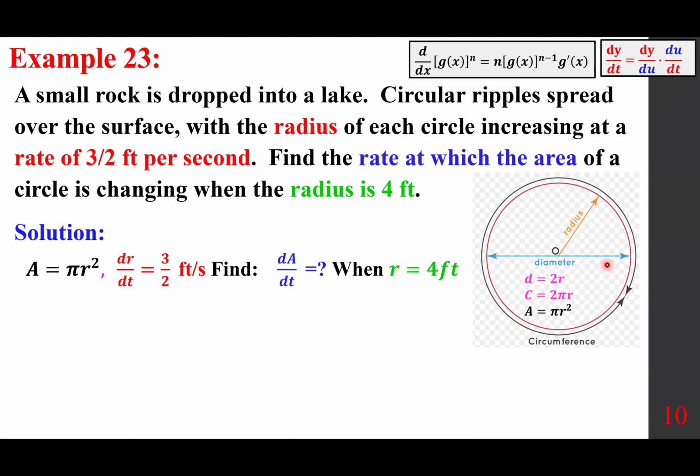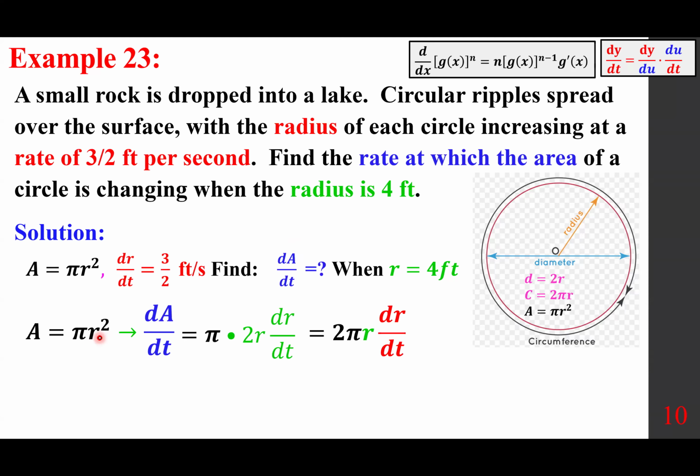So draw the setting and define your variables and write this symbolically. A is pi r squared, and you want the dA/dt. For the dA/dt, you start with pi and you say it's a coefficient, it's not going to do anything. r squared is 2r dr/dt. So you have 2 pi r dr/dt.